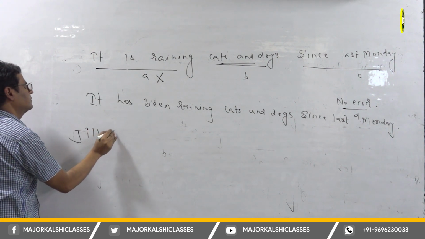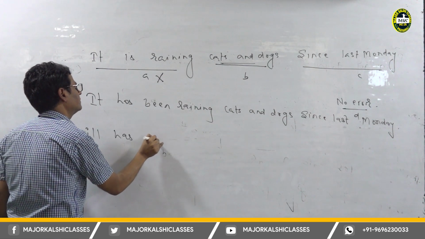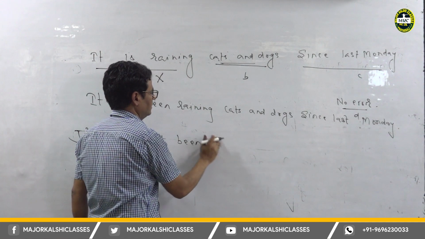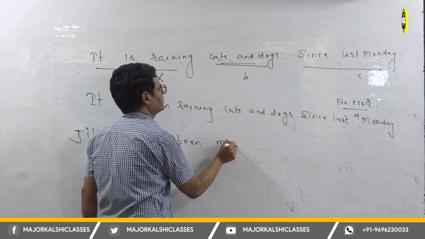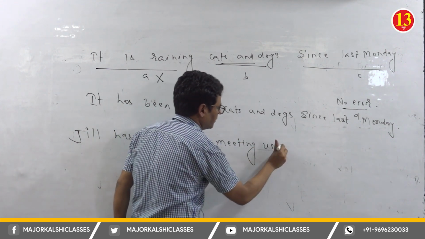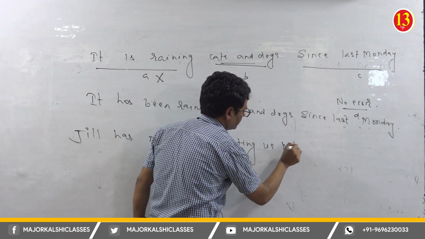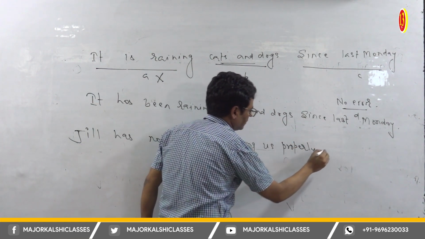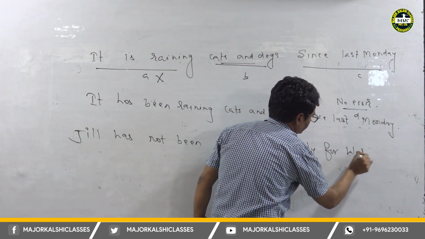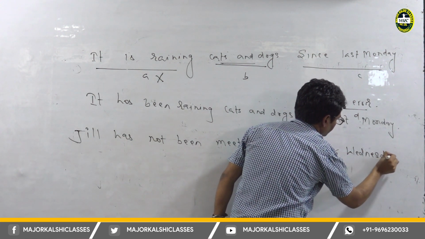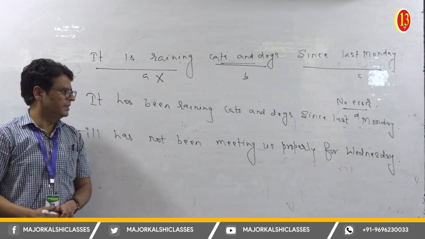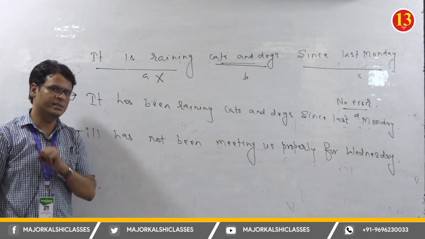Jill has not been meeting us properly for Wednesday. This is your example. What is written here? Jill has not been meeting us properly for Wednesday.